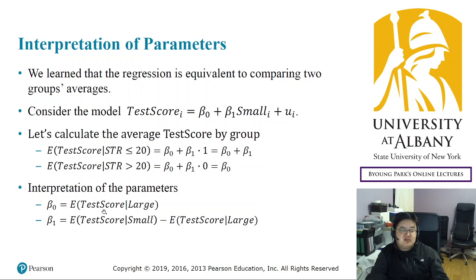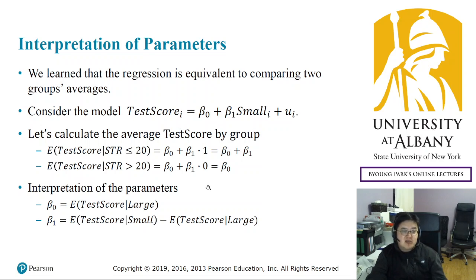It is easy to see that beta 0 can be interpreted as the average test score for the large class size group, and beta 1 is the difference between these two groups, right? The small class size group has higher test score on average by beta 1. That's the difference between these two groups. This is what we learned earlier, and we are basically reviewing the result.